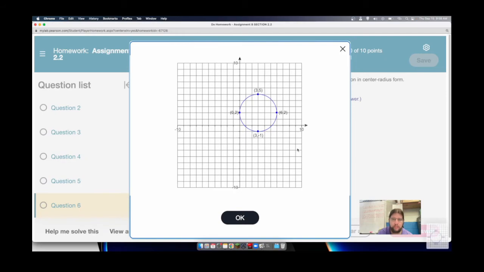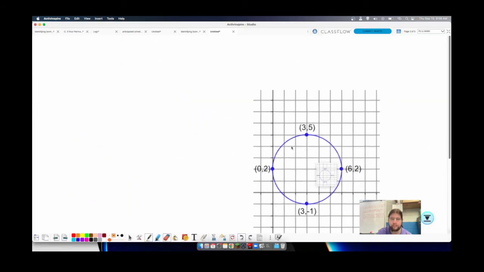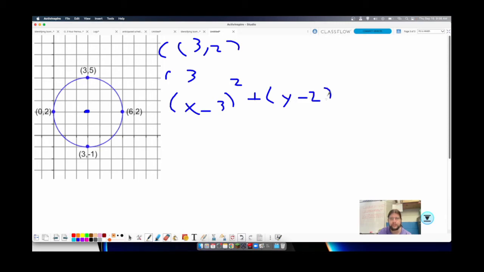It would be x minus 3 squared equals 9. So my center, my radius. x minus 3 squared plus y minus 2 squared equals 9.